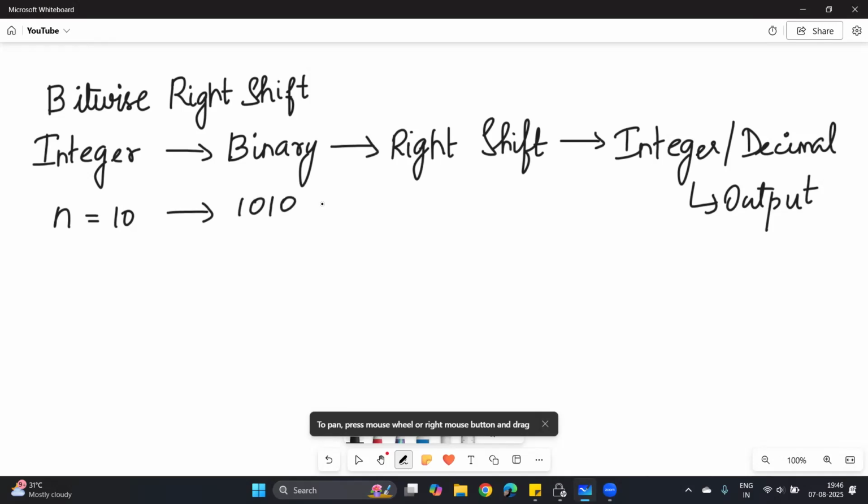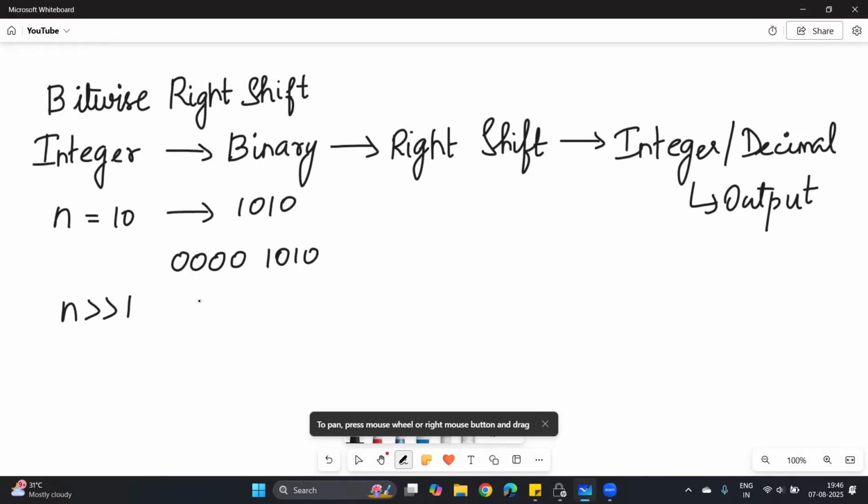This binary value is represented with 4 bits. Usually any binary value will be represented in 8 bits, so this will be taken as 0000 1010. And the next step is to do the right shift. So I am right shifting this number by 1.